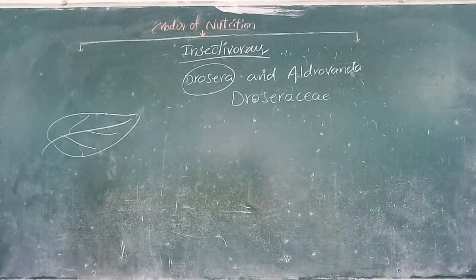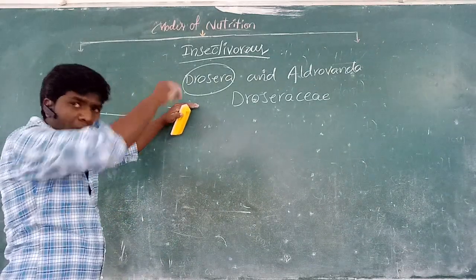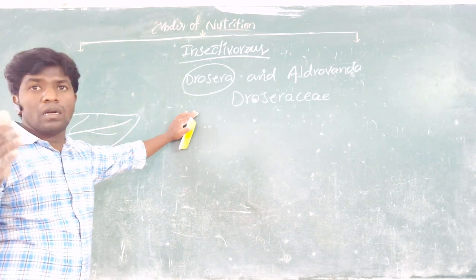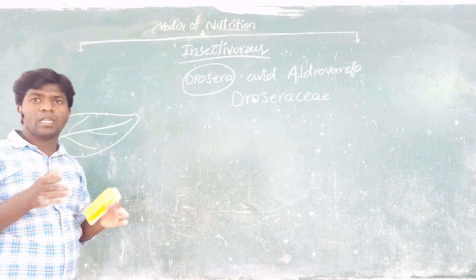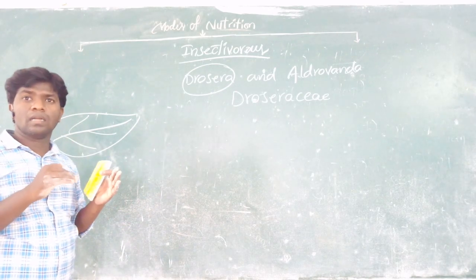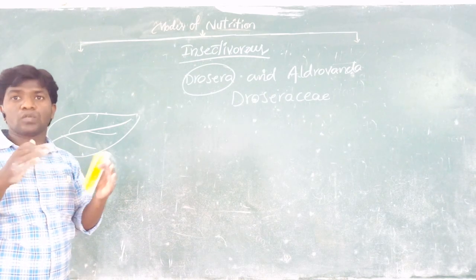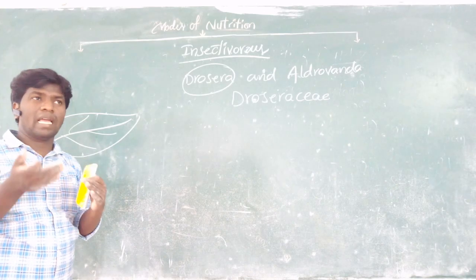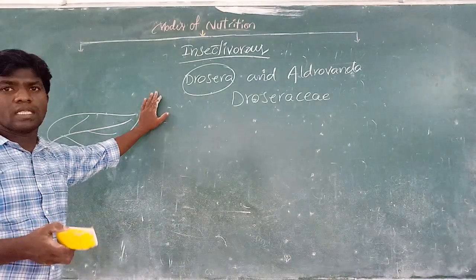Aldrovanda plants occur in the salt marshes of Sundarbans and freshwater south of Calcutta, and also grow in fresh water like tanks, rivers and ponds.